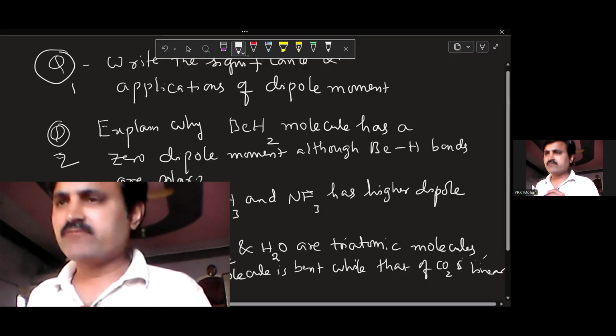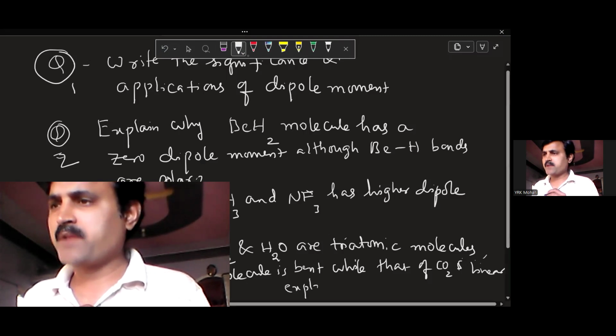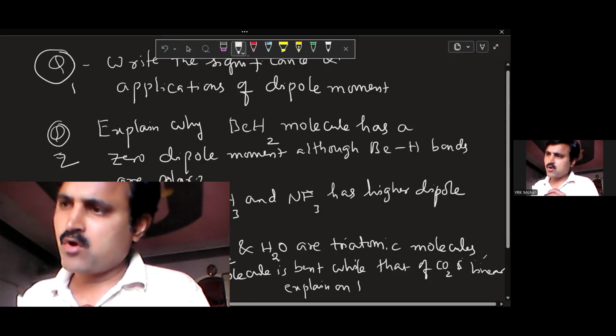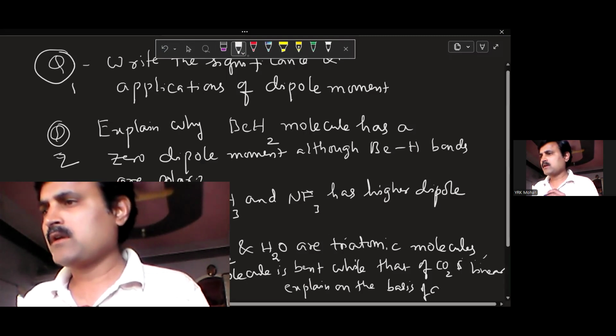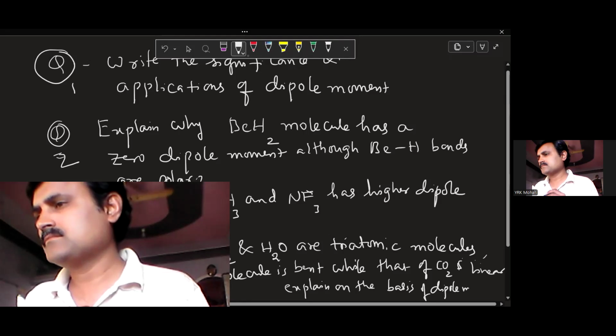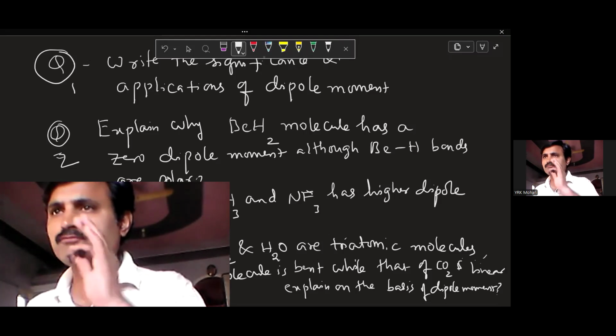Explain on the basis of dipole moment. Here, they are asking, explain on the basis of dipole moment. This you have to explain on the basis of dipole moment.